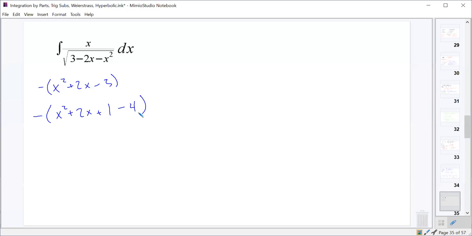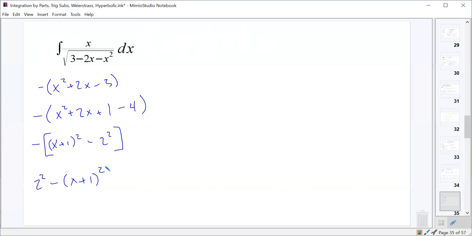Everybody good with that? That gives us the opposite of x plus 1 squared minus 4, or minus 2 squared. Or if I pull that negative sign back in there, that ought to be 4. We'll write as 2 squared minus x plus 1 squared.